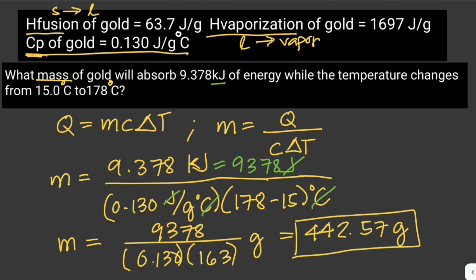So this is the mass of gold that will absorb 9.378 kilojoules of energy, while the temperature changes from 15 degrees Celsius to 178 degrees Celsius.